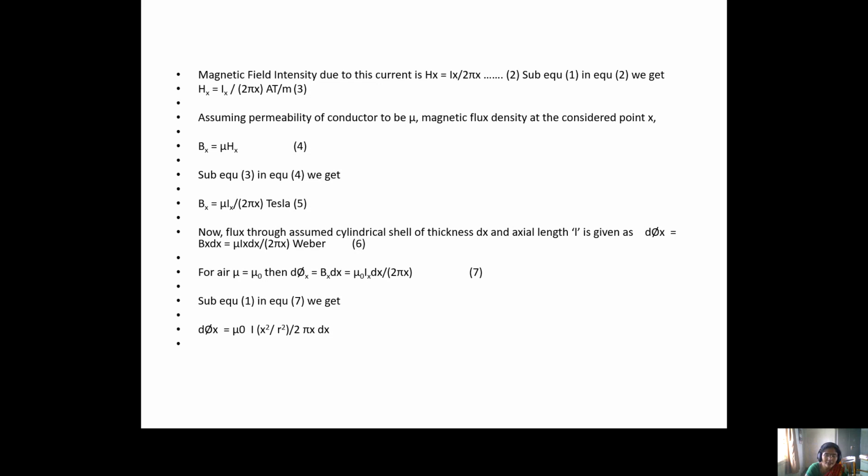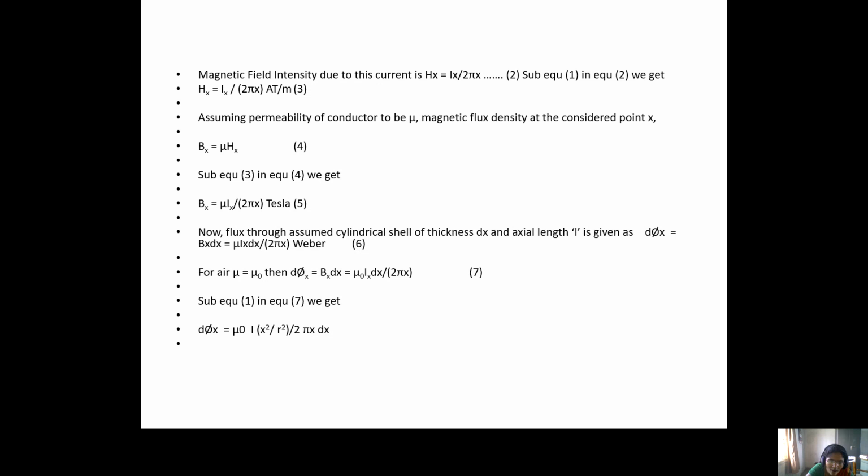In free space or air, mu r is always 1, so mu is directly equal to mu naught. Substituting, d phi x equals Bx dx, that is, mu naught Ix dx by 2 pi x.